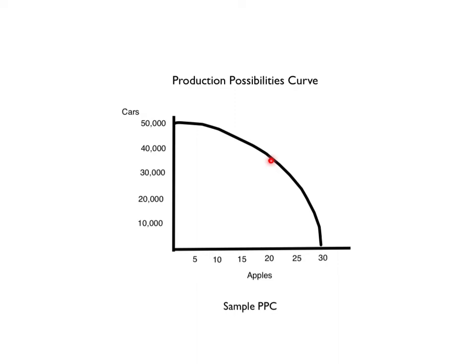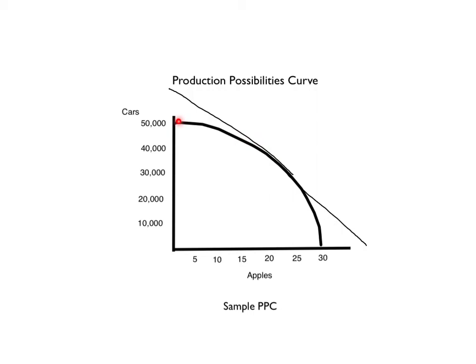Okay. It also shows us about the law of increasing costs. If there were no such thing as the law of increasing costs, our curve wouldn't look like this. It wouldn't even be a curve. It would instead be a line. Maybe something like that. Not great, but there we are. Instead of having a straight, even trade-off all the way around, it actually bows inward and becomes an actual curve.